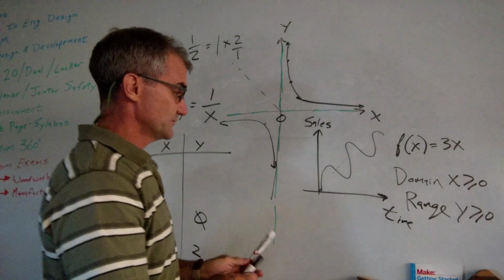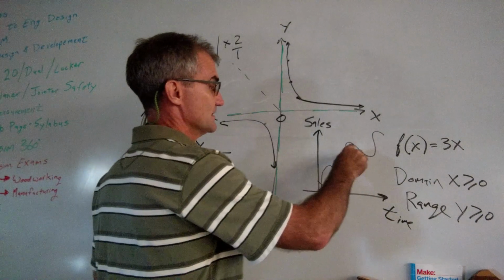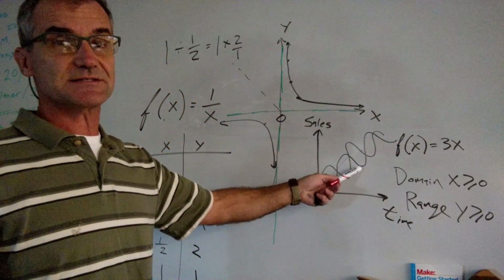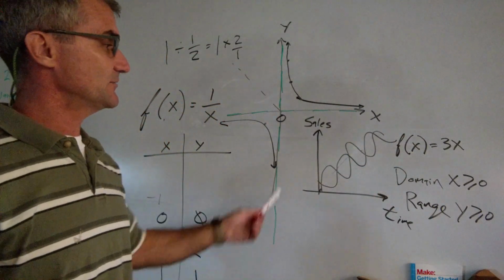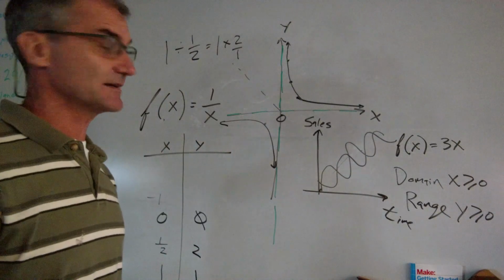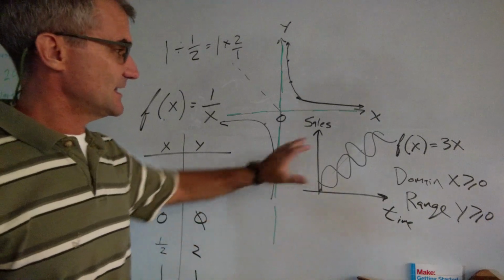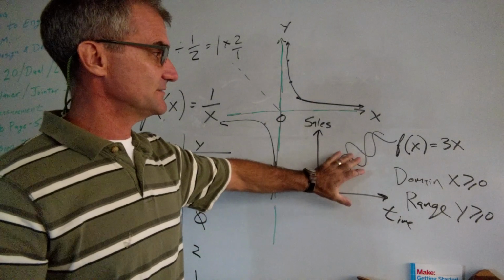And that model might look like this. A lot of sales in the middle of winter, not very many sales in the middle of summer. And then those two products will balance out to give you more consistent sales over time. So that's an application of domain and range and functions.